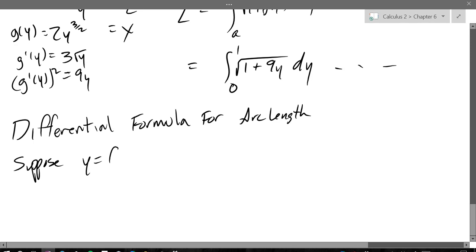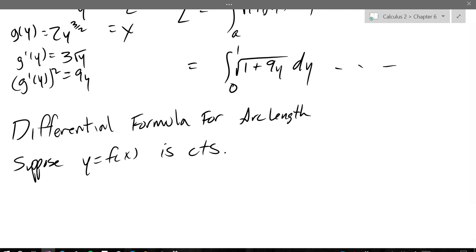So suppose y equals f of x is continuous. We have a definition from calculus for continuous, which means the limit on the left matches the limit on the right, matches the value for every single point inside of an interval. And that's great when you're trying to prove something's continuous.